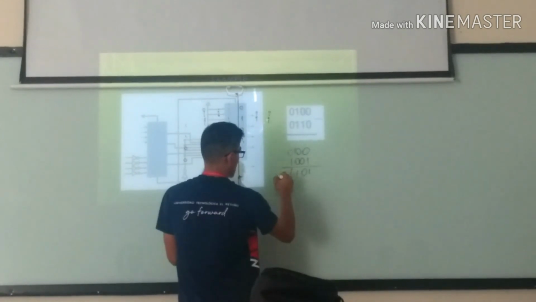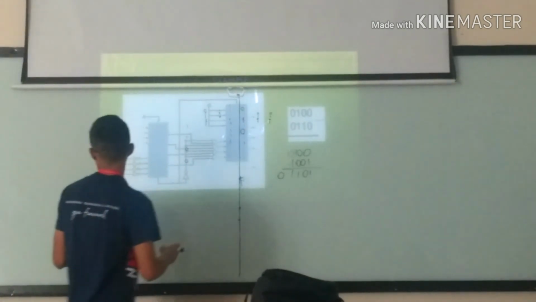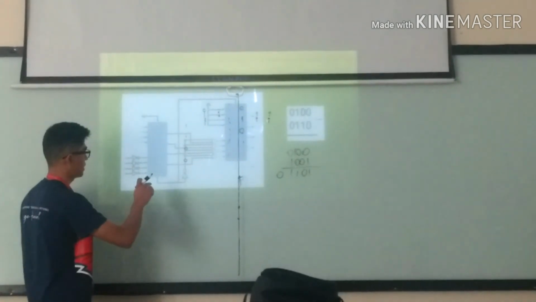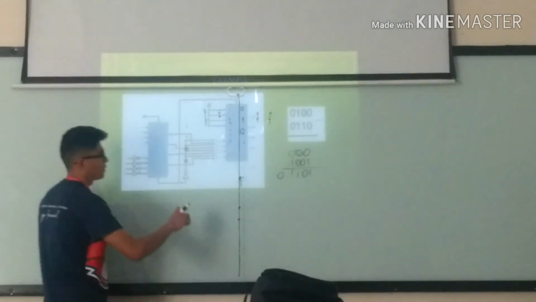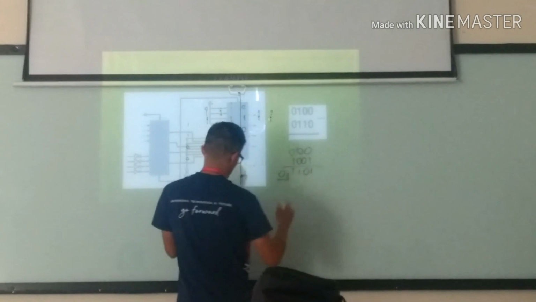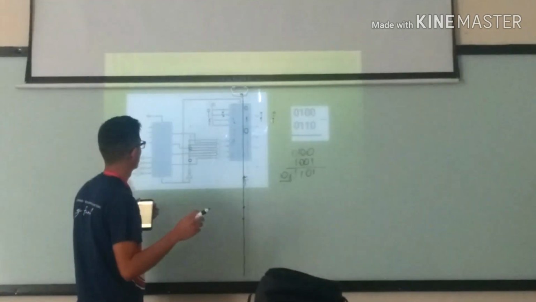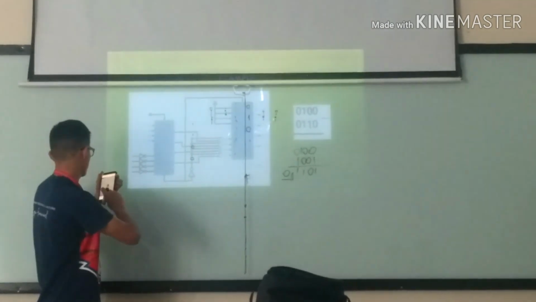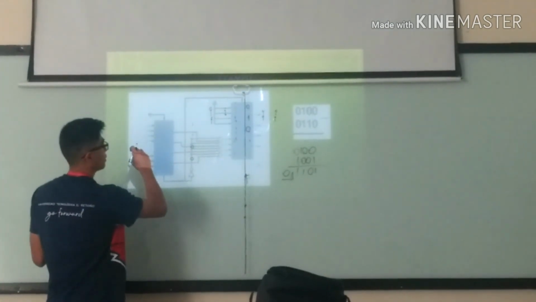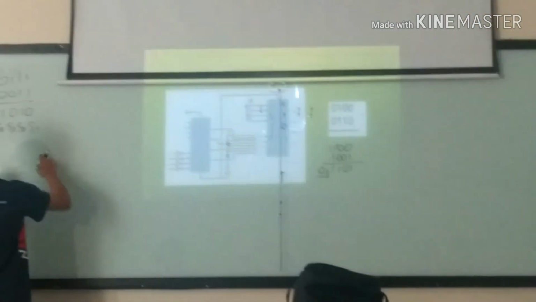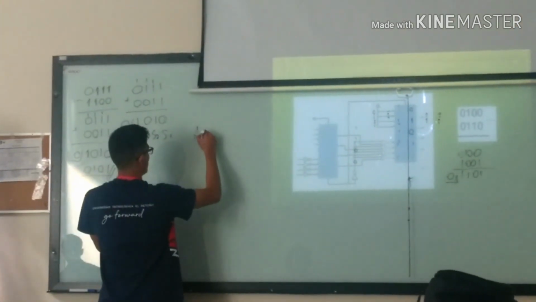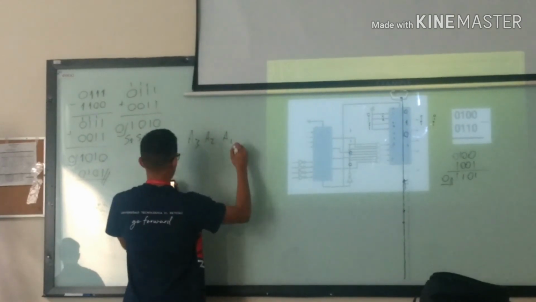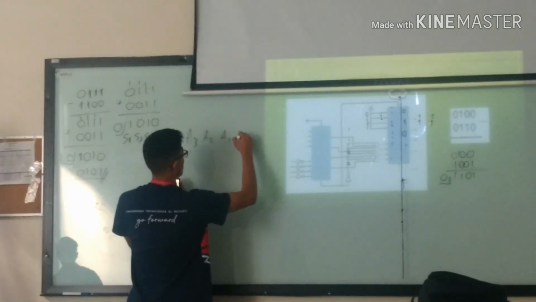And here we have 0. This is a carry. That means that we need to put in here. Well, but to represent this is A3, A2, A1, and A0.